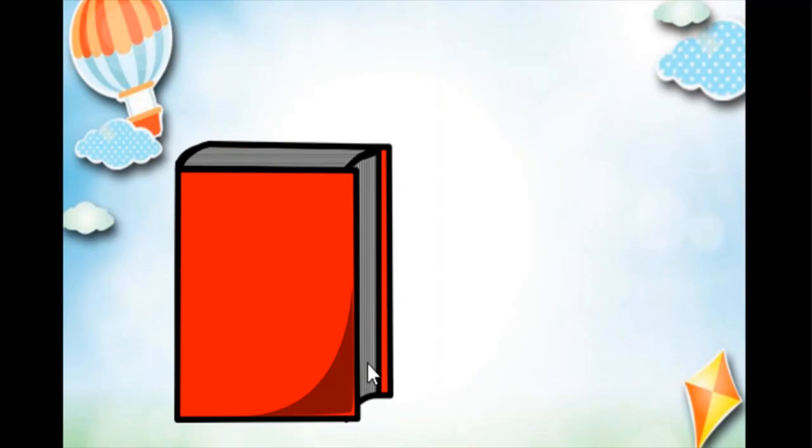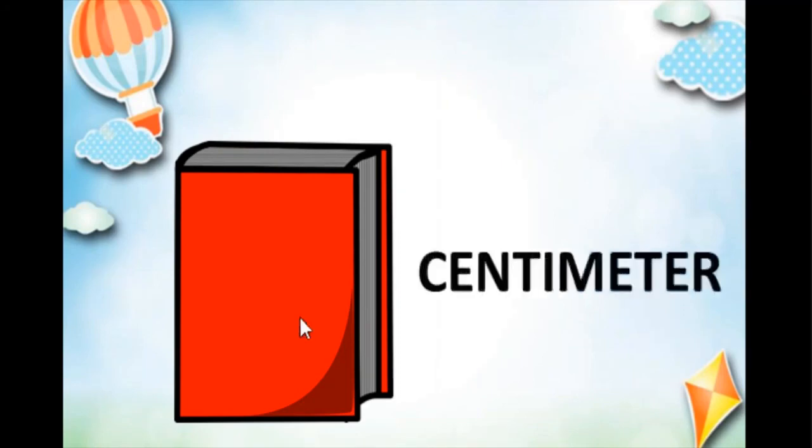Because it is small again, you use centimeter. Good job, very good. Everyone, you are doing well. If you measure a short object, it is centimeter. But if you measure big objects or perhaps distances, you use meter.